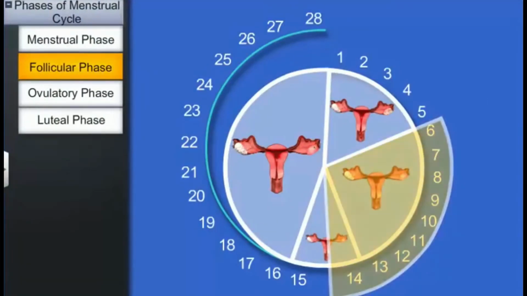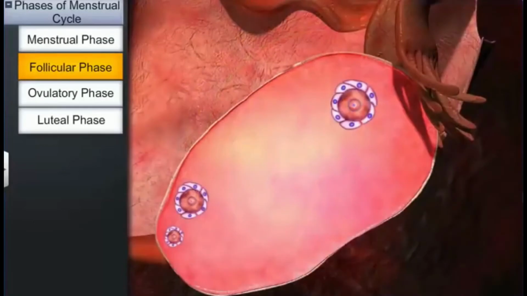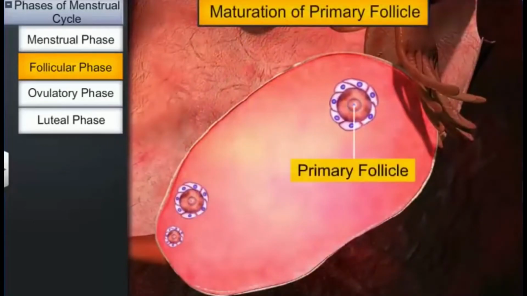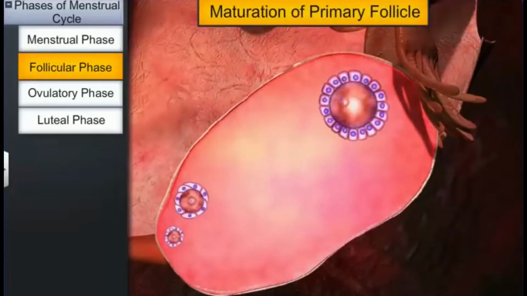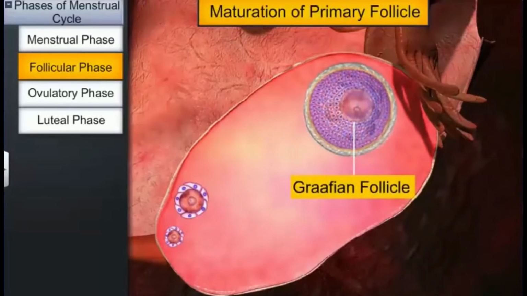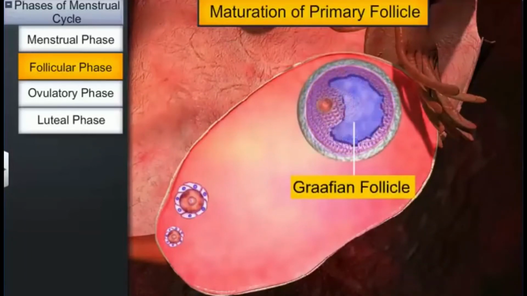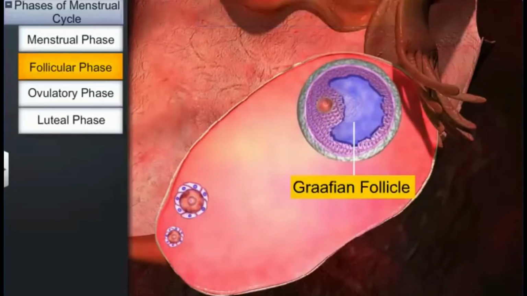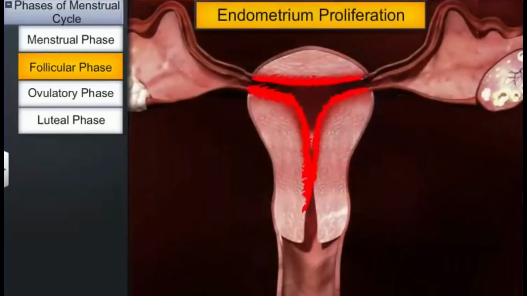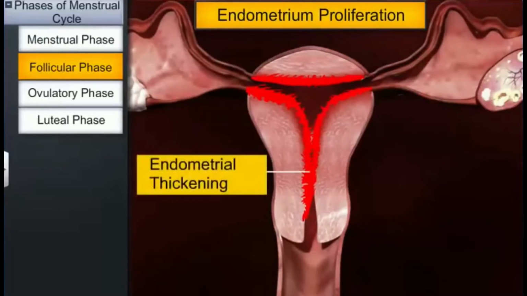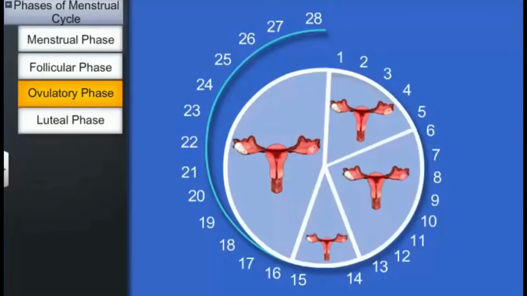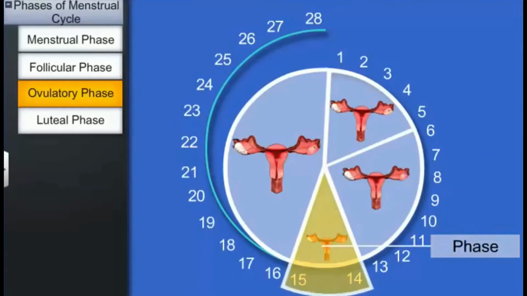The menstrual phase is followed by the follicular phase between days 6 and 14 of the menstrual cycle. During this phase, the primary follicle in the ovary matures into a Graafian follicle. Simultaneously, the endometrium undergoes proliferation, a process of regeneration which results in the formation of a new thick endometrium. The follicular phase is followed by the ovulatory phase, which occurs during the middle of each menstrual cycle.